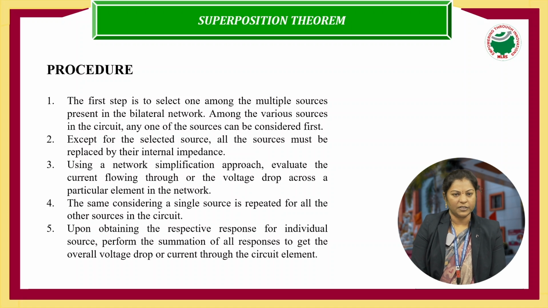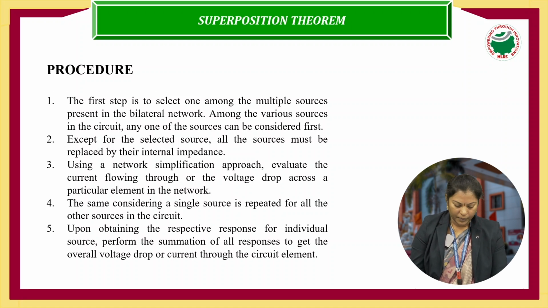Next, we consider another source while the other source remains inoperative, and again calculate the response in the particular element. Afterwards, we add these two responses, as the statement of the superposition theorem says.